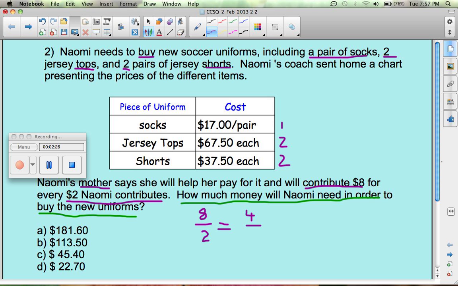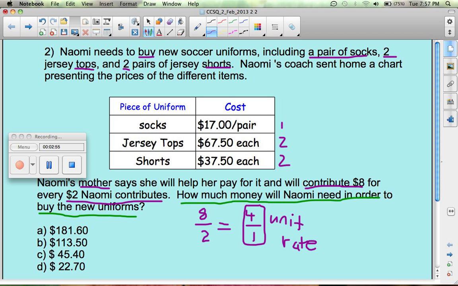So my unit rate, or my rate for every $1 Naomi pays, Mom is going to be paying $4. That's called a unit rate, or a rate for one of something. So Mom is going to be paying 4 times what Naomi's going to pay. So Mom's going to be paying the bulk of it.